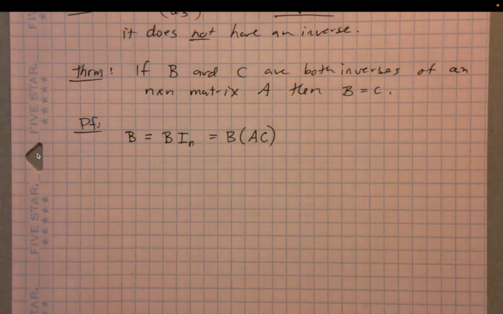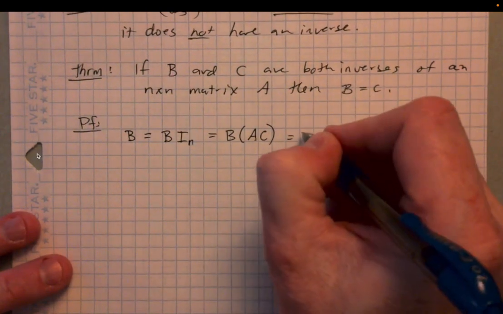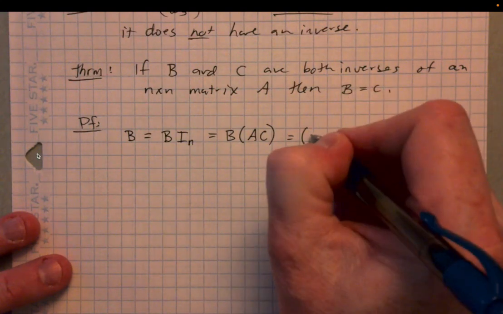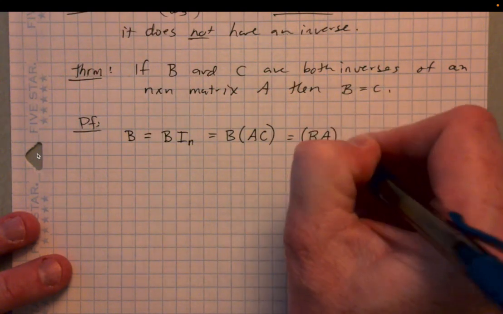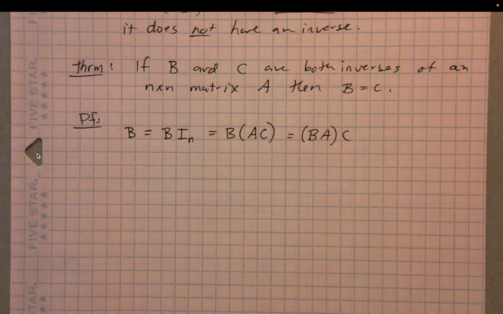And we know that matrix multiplication is associative. We've seen that from earlier in the course. So B times A times C, you can associate them differently.